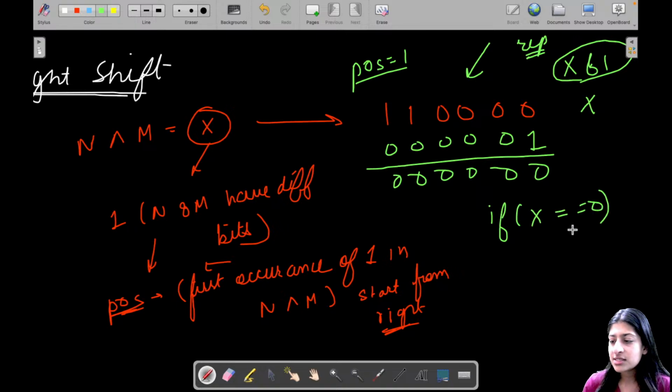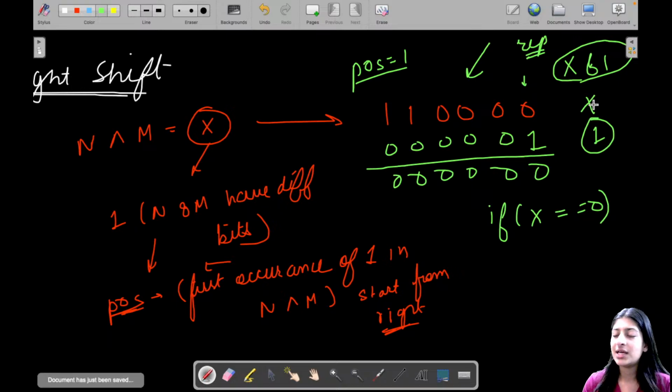See, if x is 0, that simply means that you did not find 1 at the rightmost index. Because you have taken 1, and 1 with any bit, if I am doing its AND, only if it is 1 am I going to get 1. So if your x is 1, that means you found a 1. If x is 0, that means you have not found 1 so far.